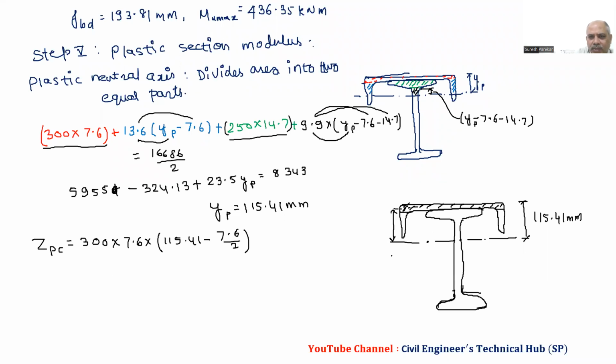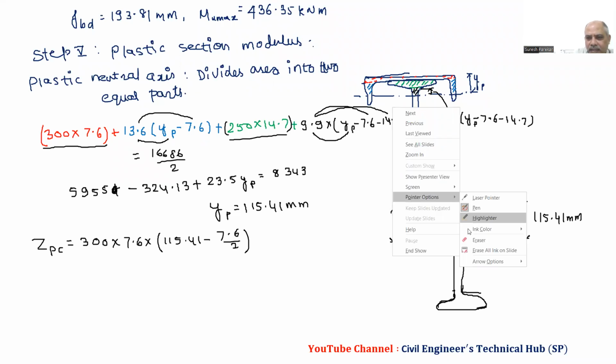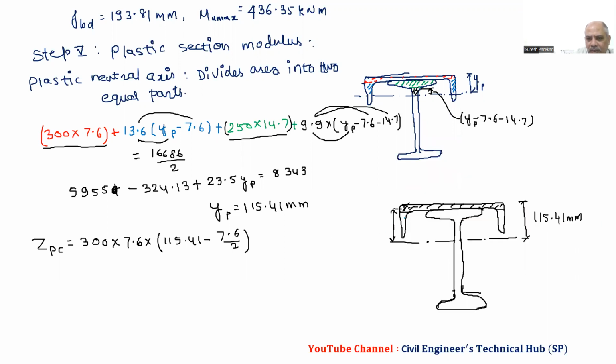Now we will go to the second, that is the flange portion. So we have this one. So total 90 we have. So we have this portion plus 13.6 into 90 minus 7.6, into the distance from the center of this.